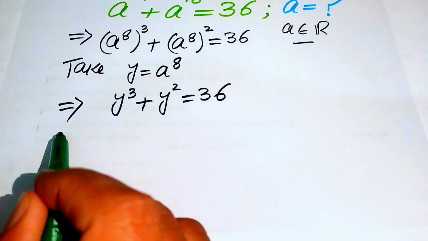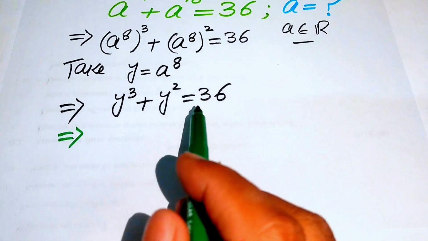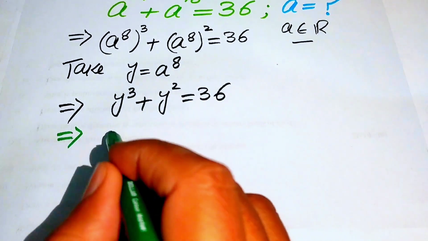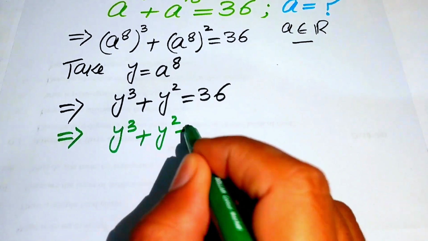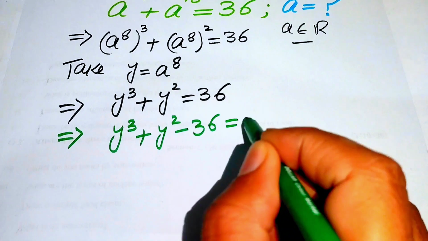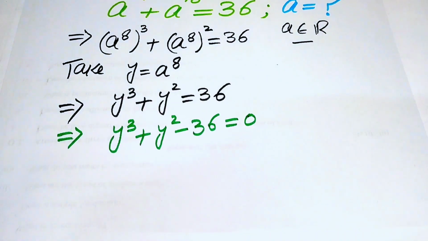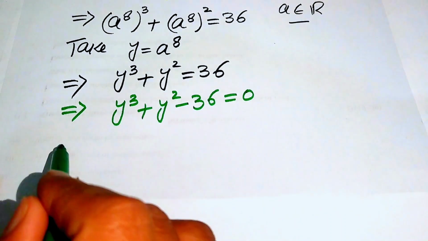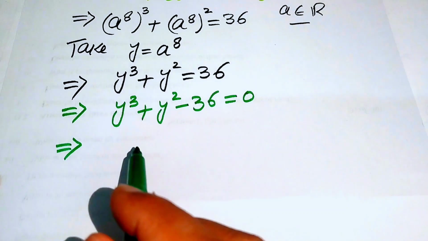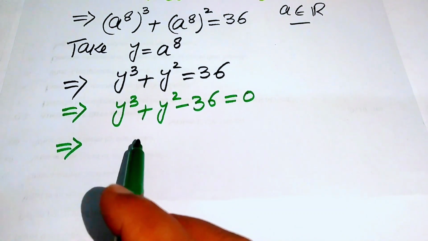First we rearrange the terms and move 36 to the left hand side, and we write it as y cubed plus y squared minus 36 equals 0. Now we break its middle term and we easily get the factors of this cubic equation.